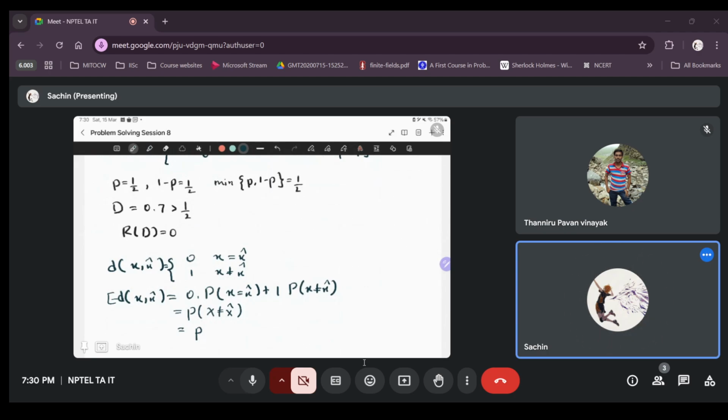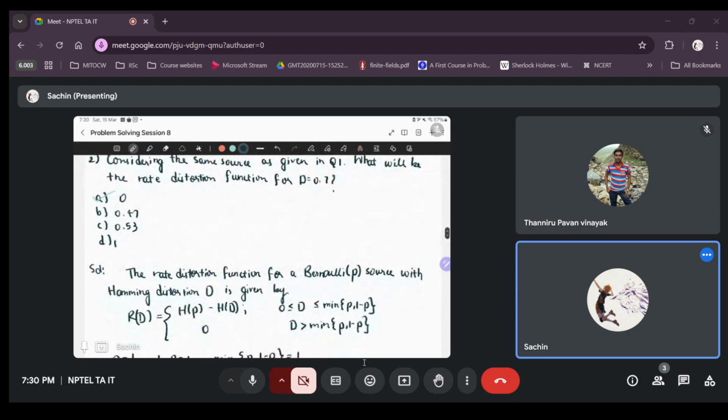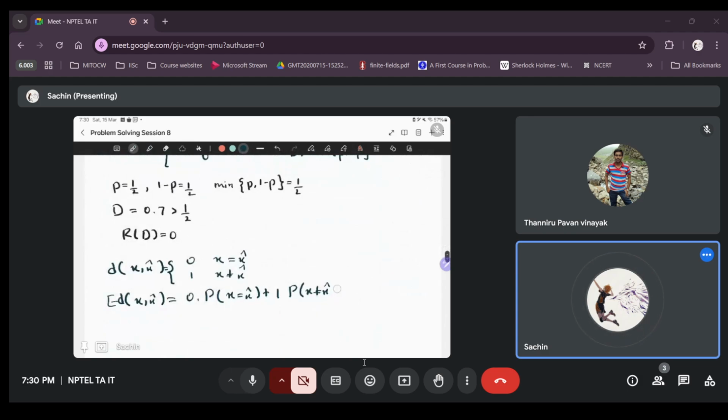Sorry, not p. What am I saying? Okay. D is summation P of x, d of x comma x hat for all x in script X. For the Bernoulli source, script X is 0, 1, and P of 0 is 1 minus p, P of 1 is p.